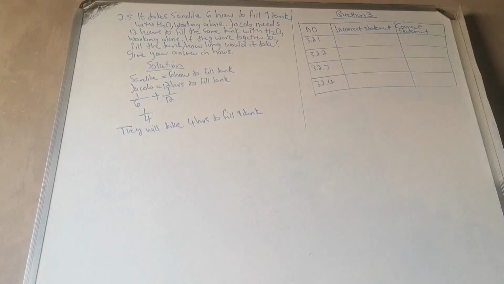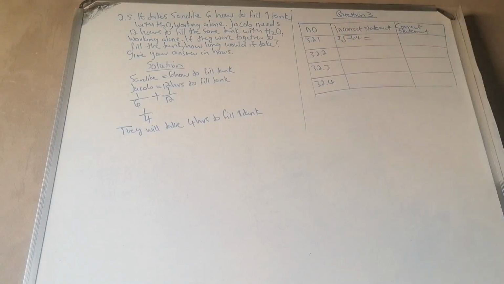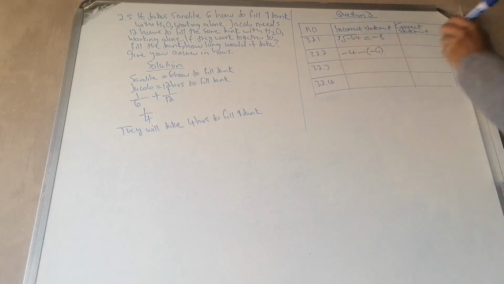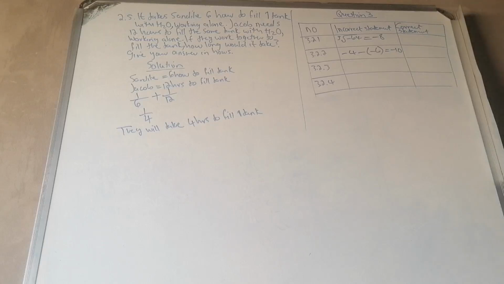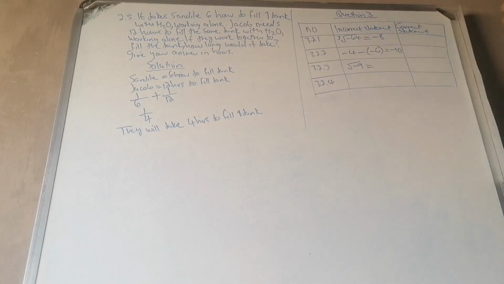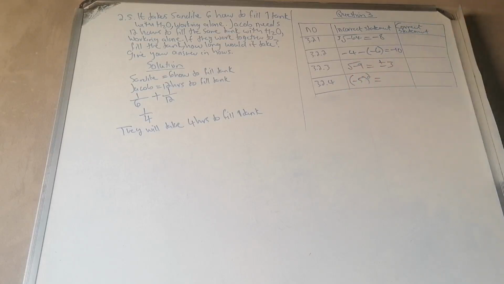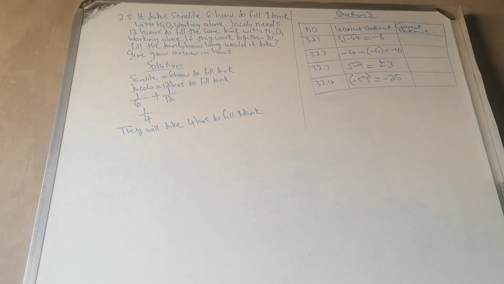The cube root of negative 64 equals negative 8. Negative 4 minus into minus 6 equals negative 10. The square root of negative 9 equals plus or minus 3. Negative 5 squared equals negative 25. We should write the correct statement.